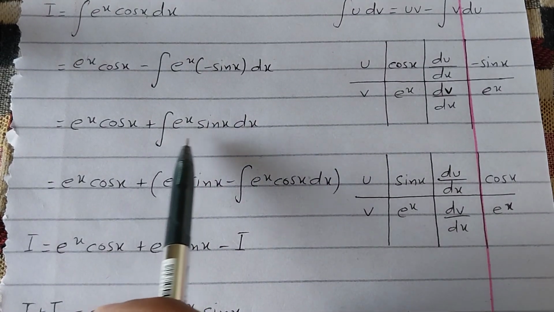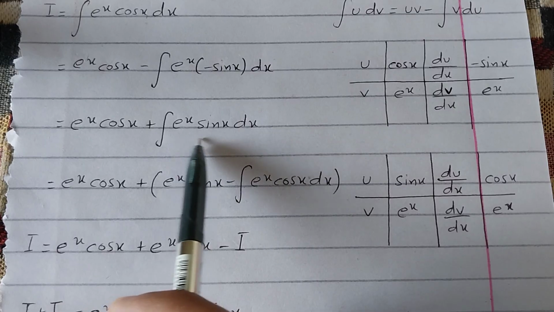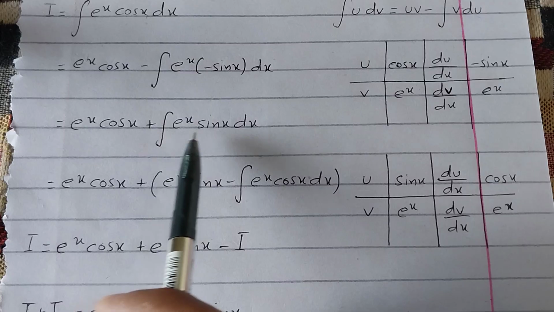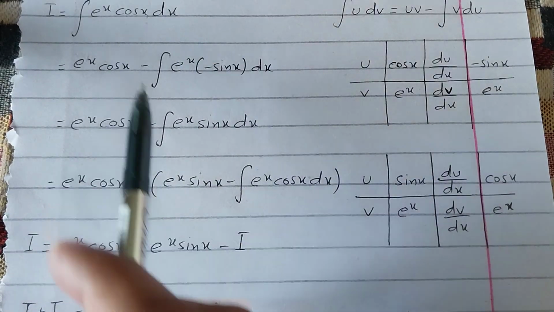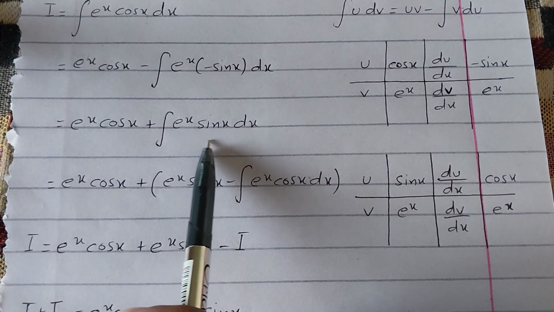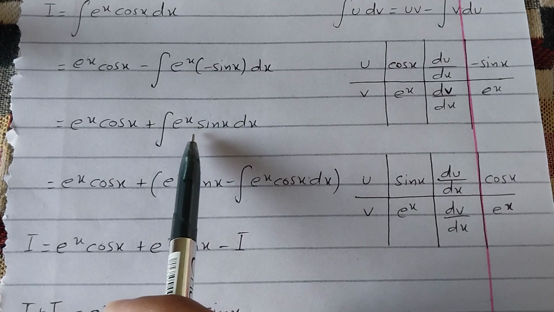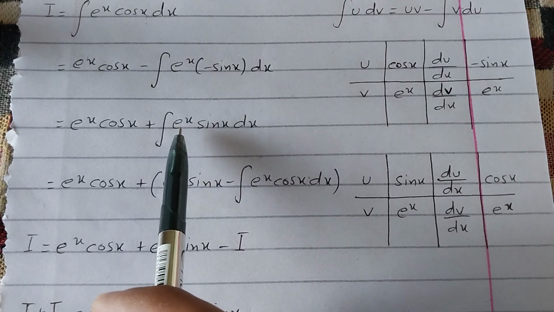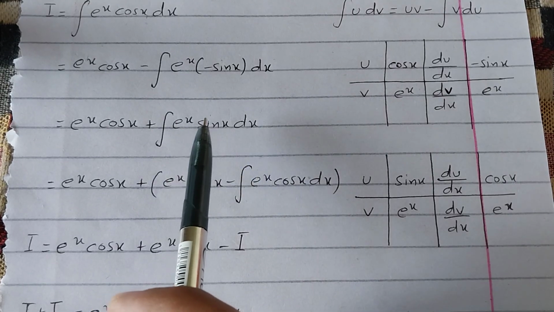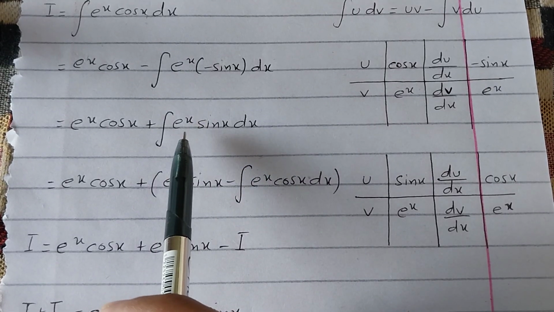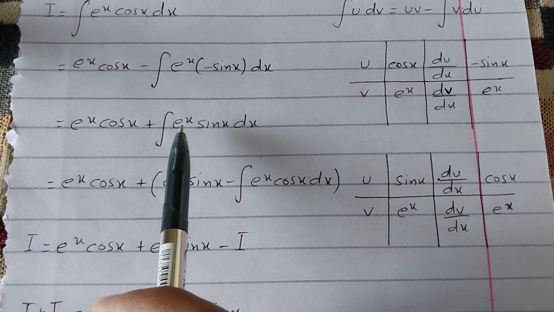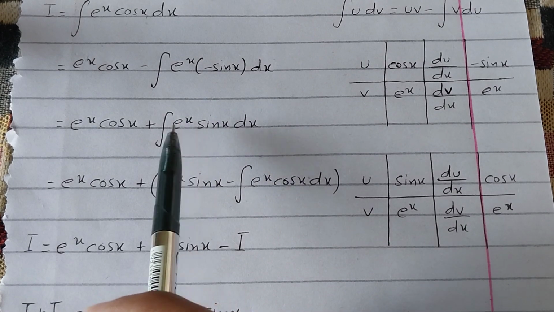So we have this integral. We need to find the value of this integral to get the original integral. So again, we can have either e to the x as u or e to the x as dv by dx. It doesn't matter, because both of these functions can be easily integrated. Normally finding the derivative is easier as compared to finding the integral.